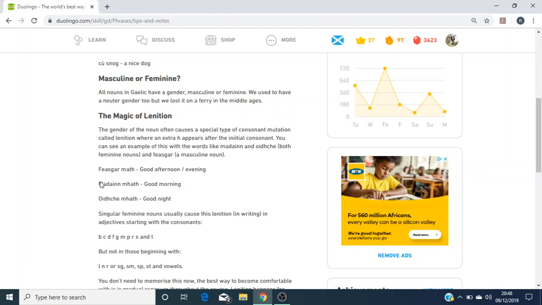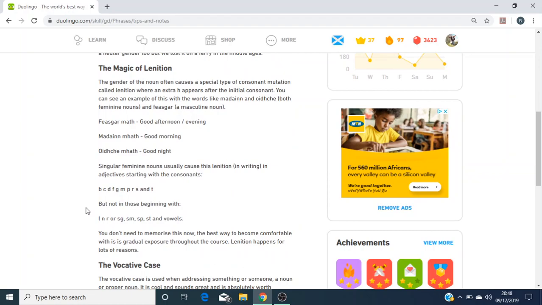So there, good afternoon, good evening. With a masculine noun, there's no lenition, but with a feminine noun like matin for morning, matin mhath, or oiche mhath, night, or for good night. So here's the rule.